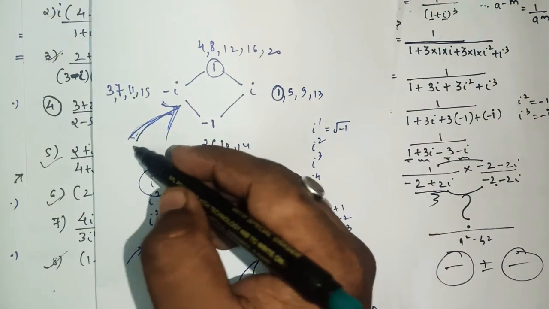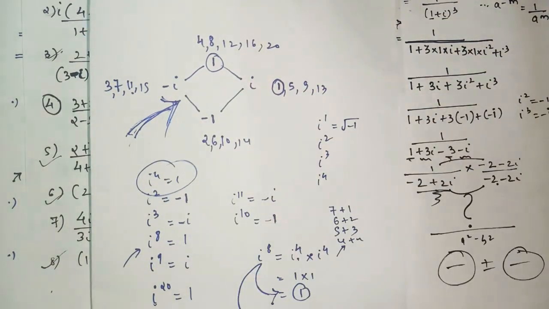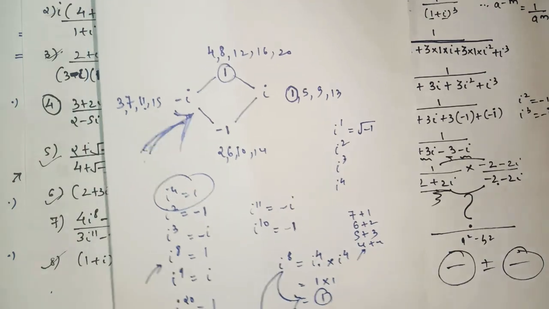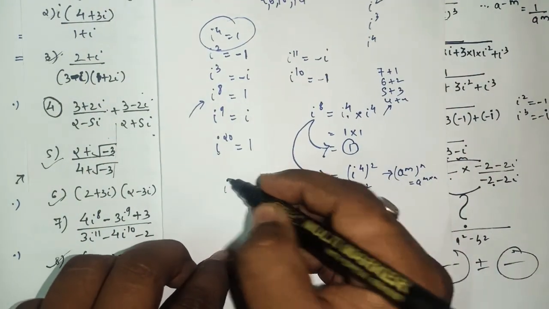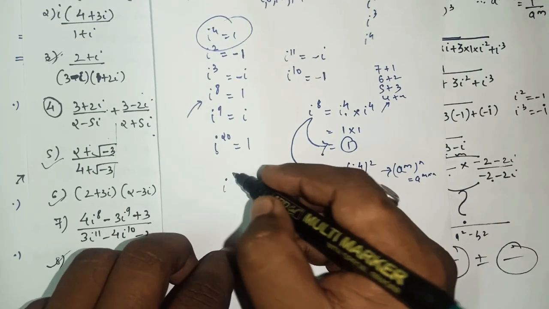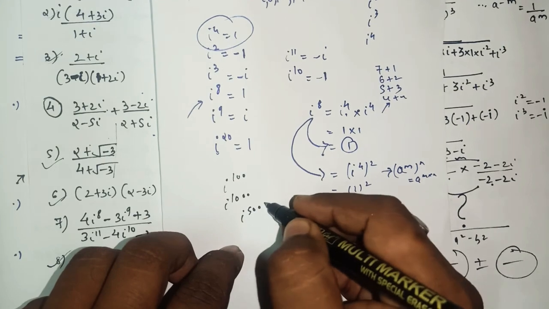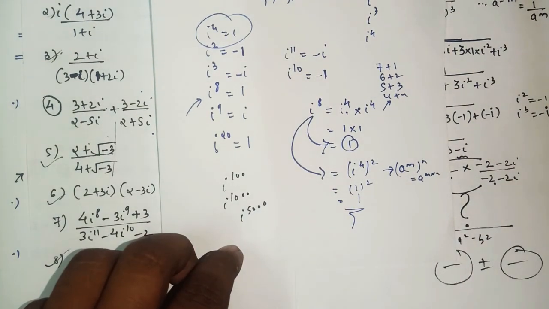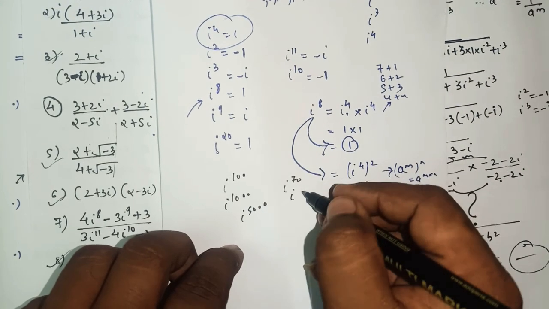In this lecture I explained one important thing, that is the trick to find the values of any power in just a fraction of a second. In the next video lecture we are going to see, suppose the power is more than 50, 40, 60, like 100, like 1000, like 5000, i raised to 70, or any odd number like 85.